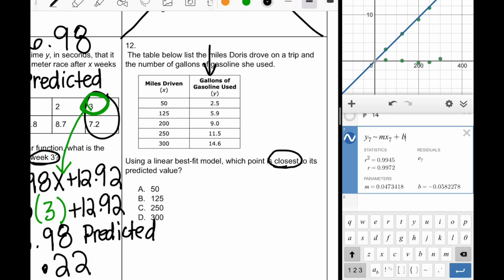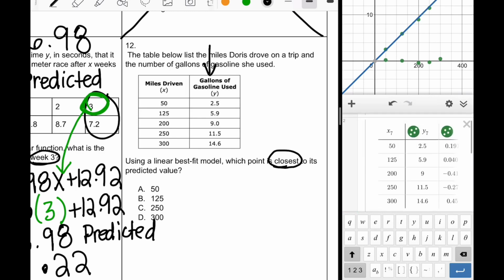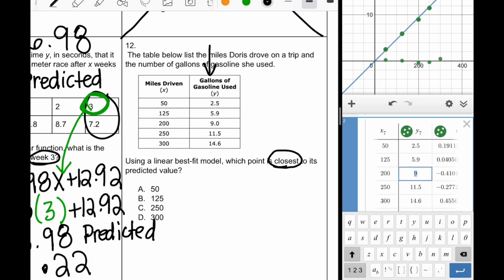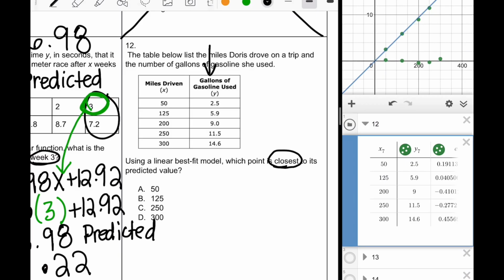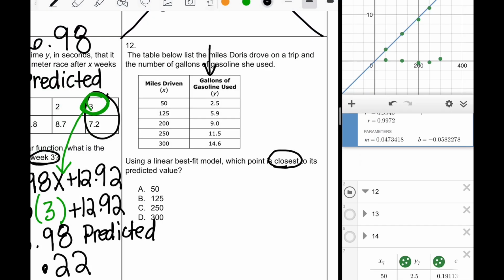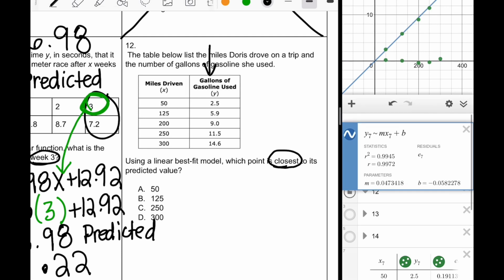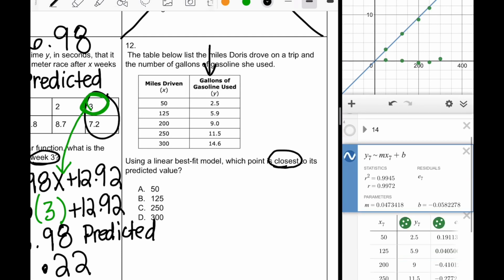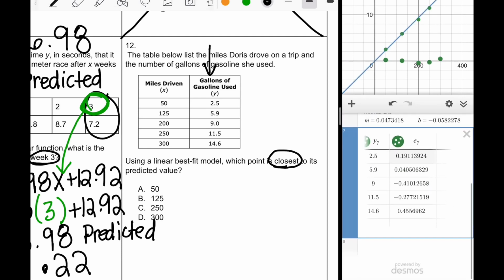Now what it's going to do is plot these numbers on the x-axis that are going to represent the distance. But what I'm more interested in is, look at the table now. There is now a table that has been created in your problem that tells you the actual distance of my residual.